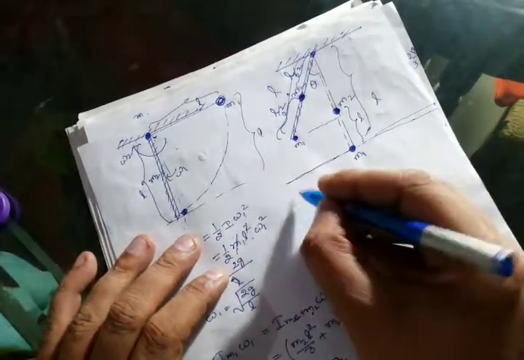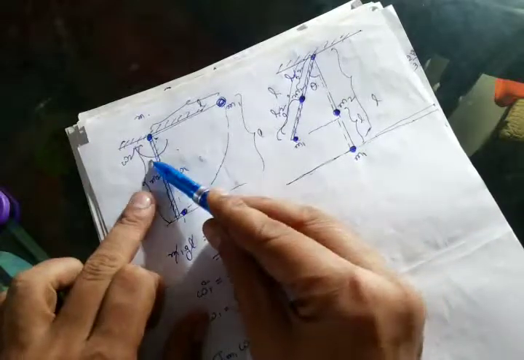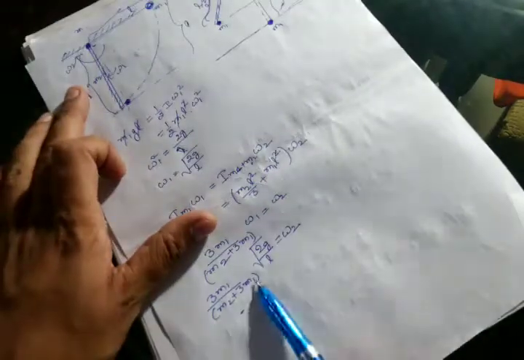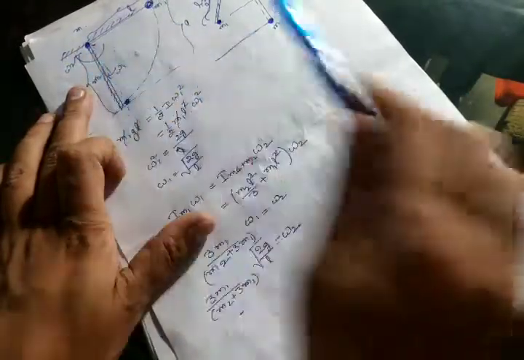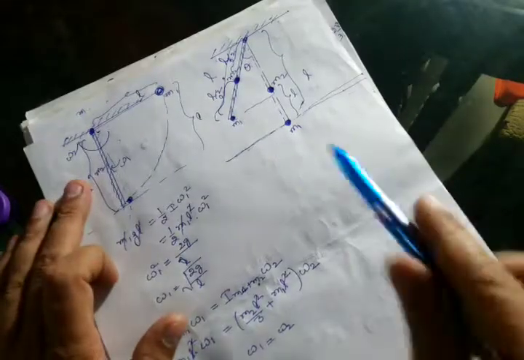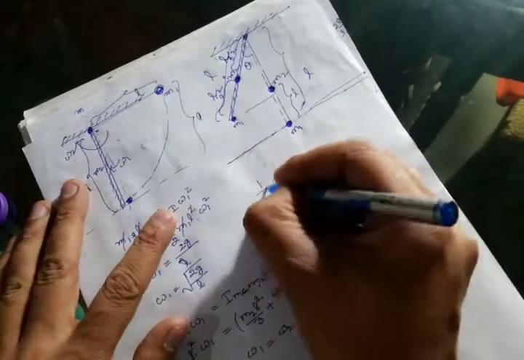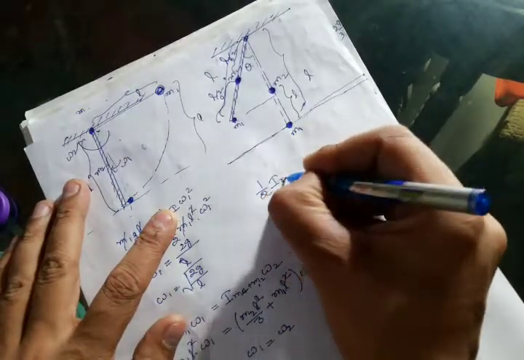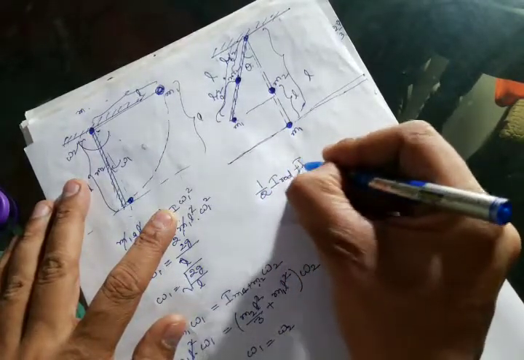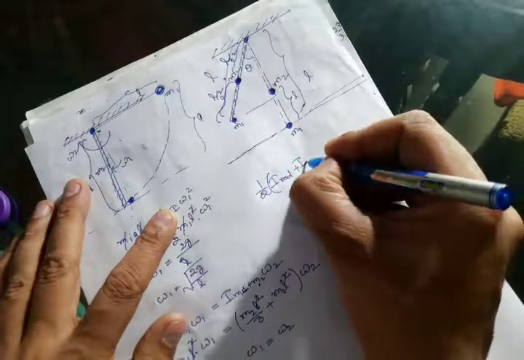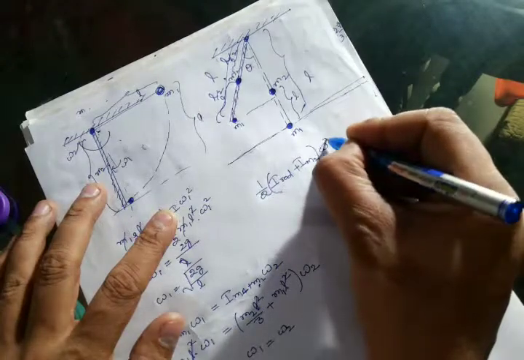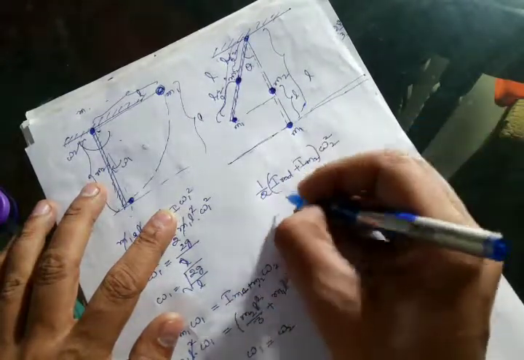So the whole system will acquire angular velocity omega 2, which I calculated here. The initial energy will be half I of rod plus m1, times omega 2 square, that will be the kinetic energy.